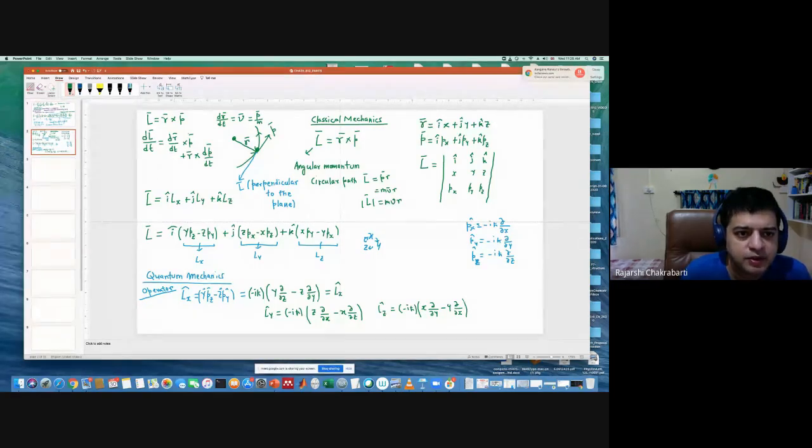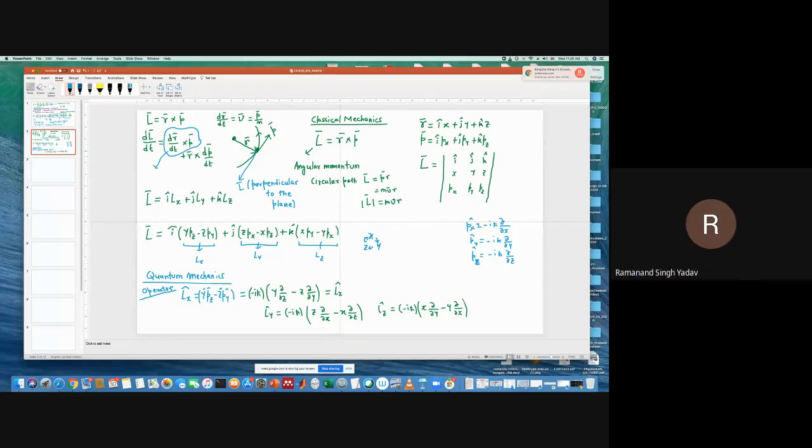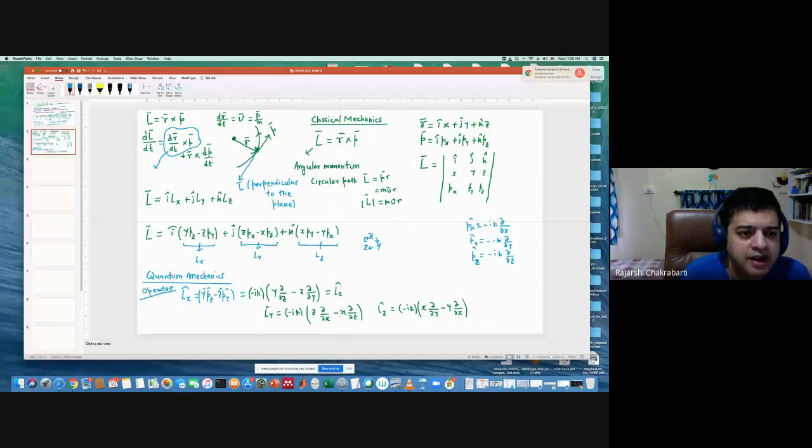So what about the first term? It is v cross p, which is p cross p times the constant 1/m, which does not matter.